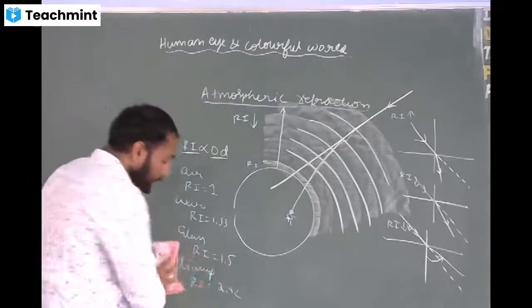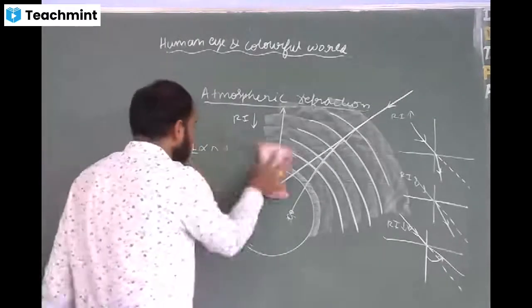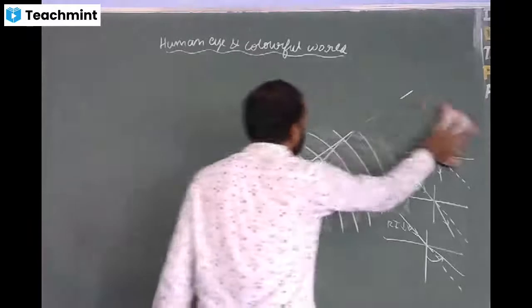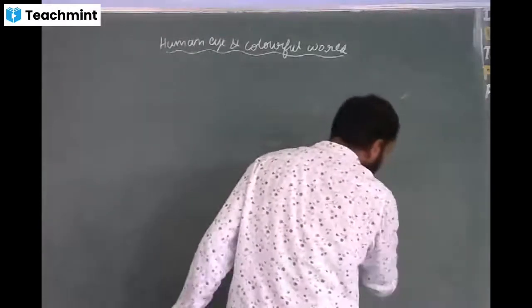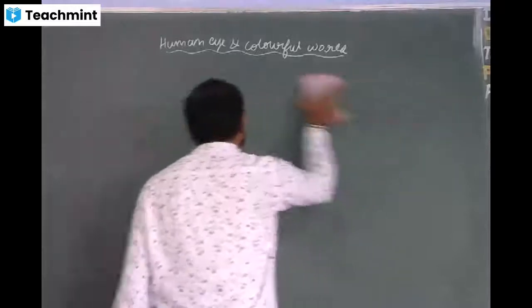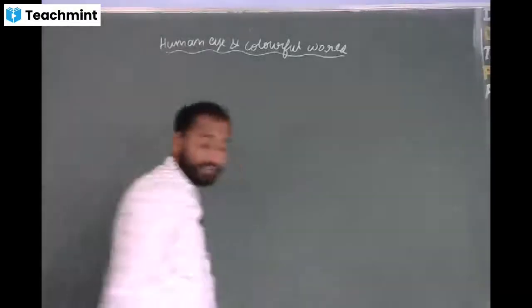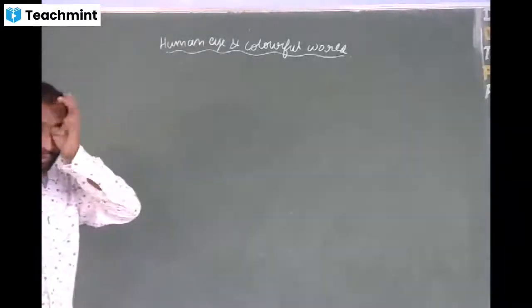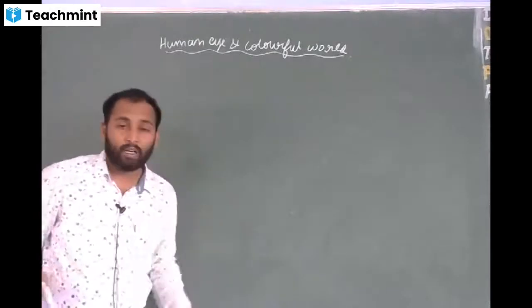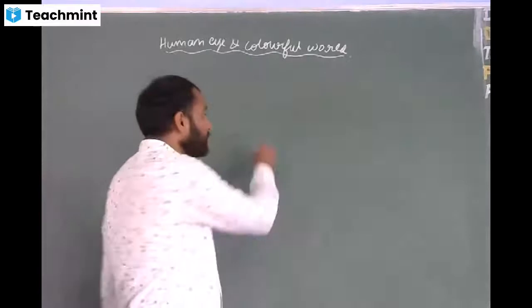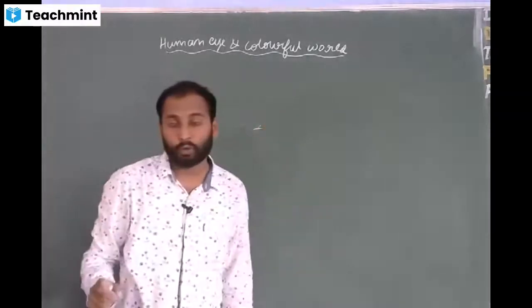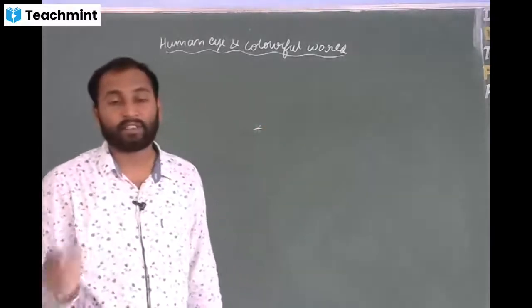Okay, a few applications related to atmospheric refraction. The first one is twinkling of star. Twinkling of star is an application of atmospheric refraction. Twinkling of star is due to atmospheric refraction of starlight.